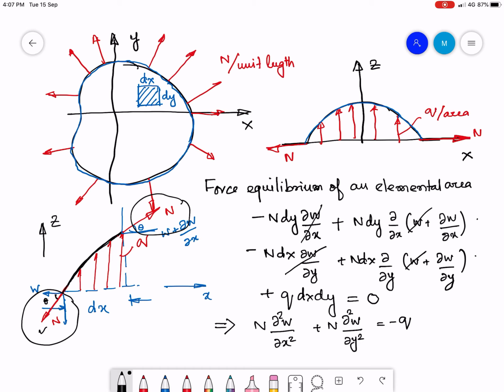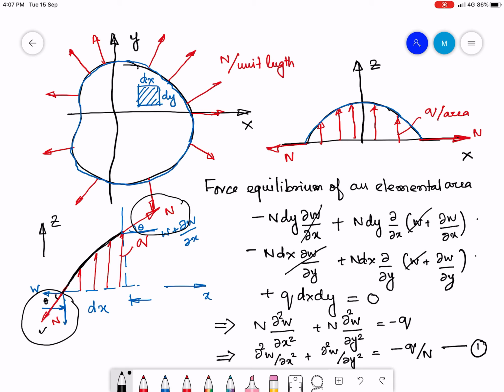So, I am left with n into del 2 w by del x square plus n into del 2 w by del y square. I can further write this as del 2 w by del x square plus del 2 w by del y square is equal to minus q by n. So, this is the condition we are getting from the equilibrium of the elemental area of this membrane in the z direction. Okay.